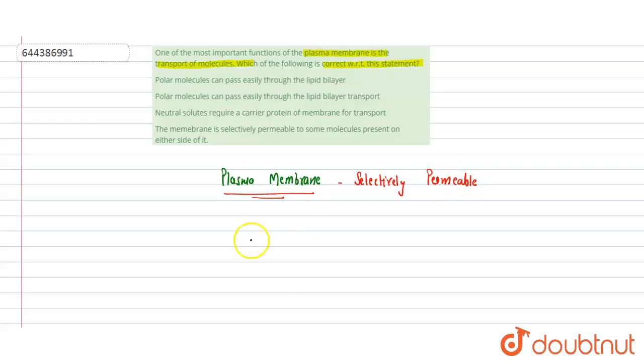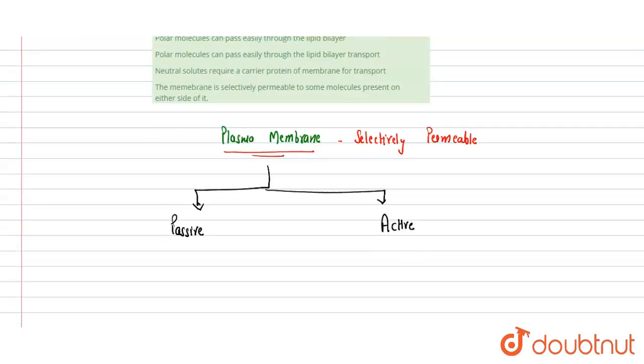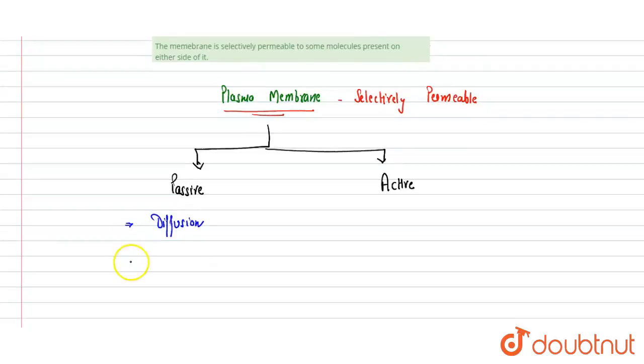And here if you see membrane transport in plasma membrane, two types of transport are majorly there. One is the passive transport and the other one is the active transport. Passive transport further includes diffusion, simple diffusion along the concentration gradient, and facilitated diffusion.